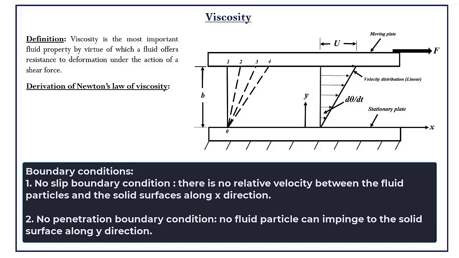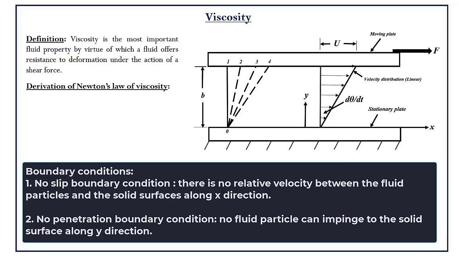No slip boundary condition means that there is no relative velocity component along x direction of the fluid particles that are sticking to the bottom as well as upper plate. And no penetration boundary condition means that there is no velocity component along y direction of the fluid particles. It tells you that no fluid can impinge into the solid boundary along y direction.